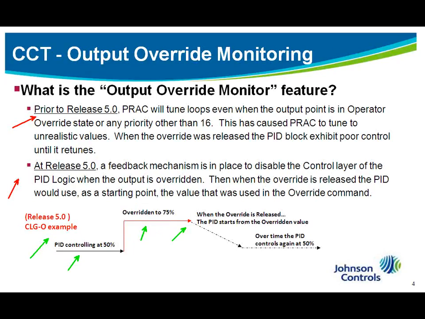Once the override is released, the PID logic goes back into control state, and the PID then starts controlling from the value of 75%. That's the value of what it was when it was in the override condition. So from there, it will tune itself until it finds a satisfactory result. So that's how this monitoring feature works.